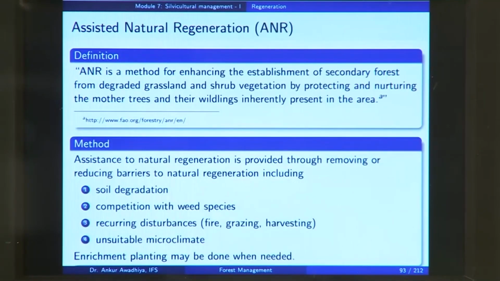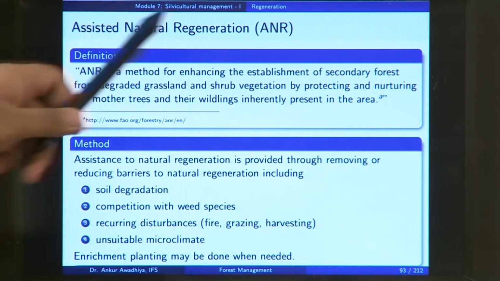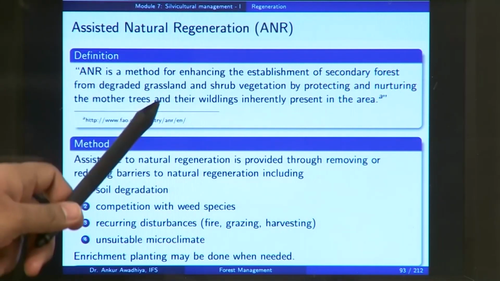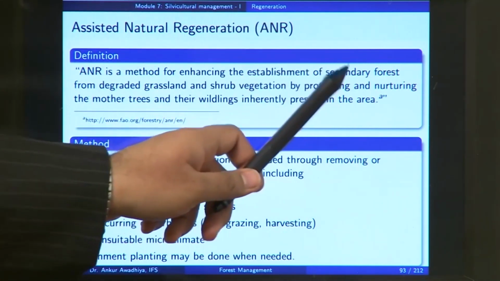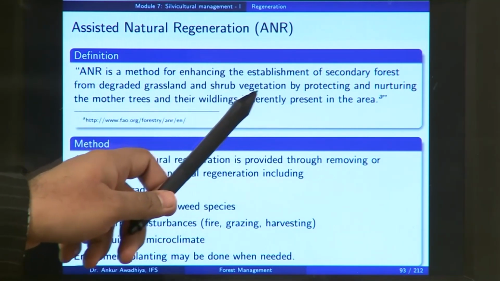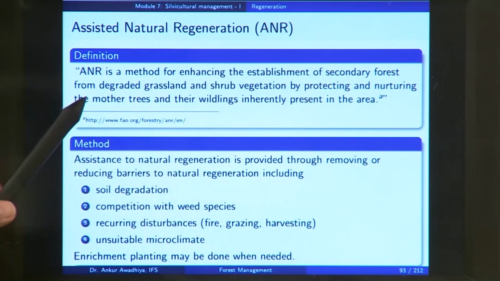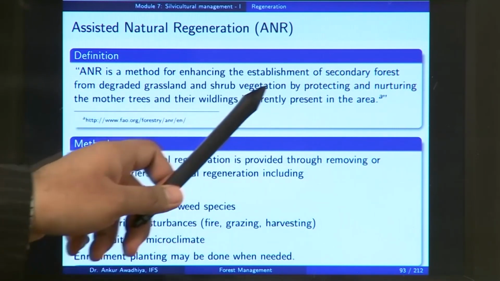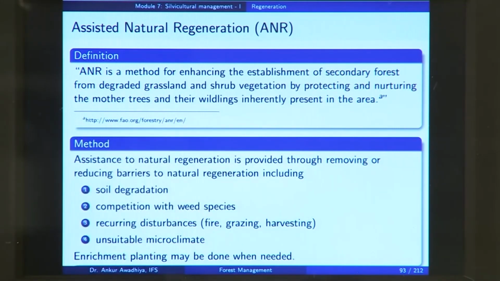So, to overcome these disadvantages, we have got two options. We can go for assisted natural regeneration, or we can go for artificial regeneration. Now, assisted natural regeneration, or ANR, is a method for enhancing the establishment of secondary forest from degraded grassland and shrub vegetation by protecting and nurturing the mother trees and their wildlings inherently present in the area.